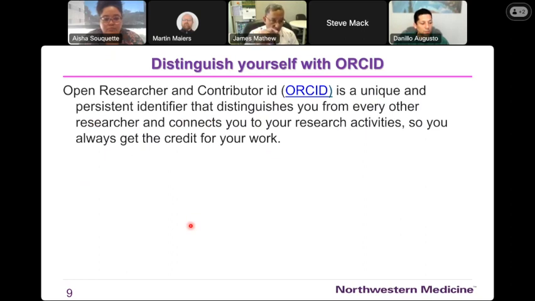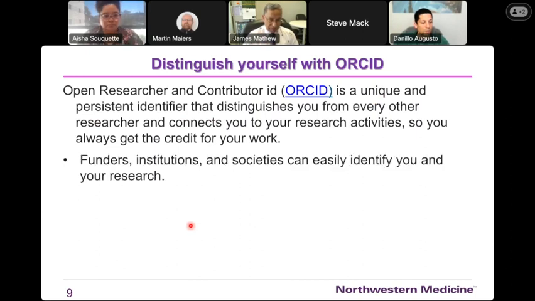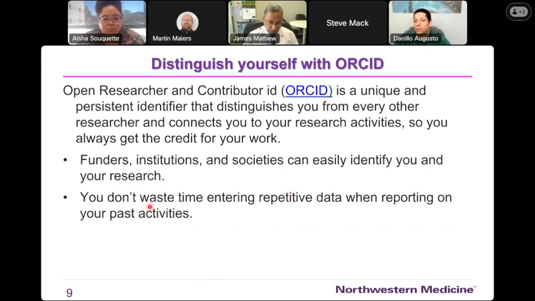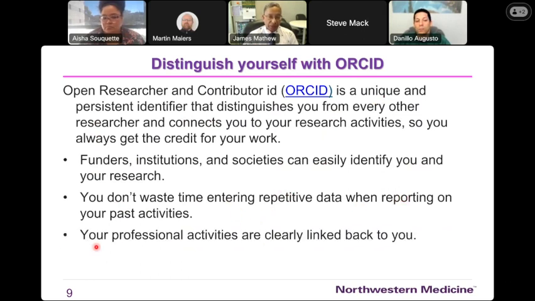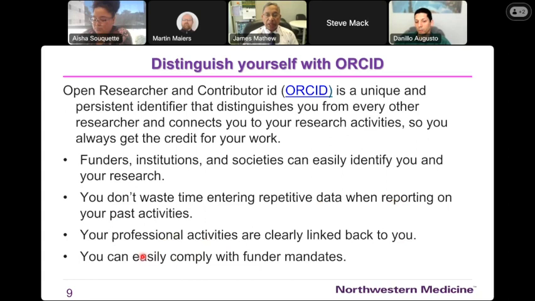So you will get the credit always for your work. Now, funders, institutions, and societies can easily identify you using this ORCID that you have created. You don't have to waste time entering repetitive data when reporting on your past activities. Your professional activities are clearly linked back to you, and you can easily comply with funder mandates.